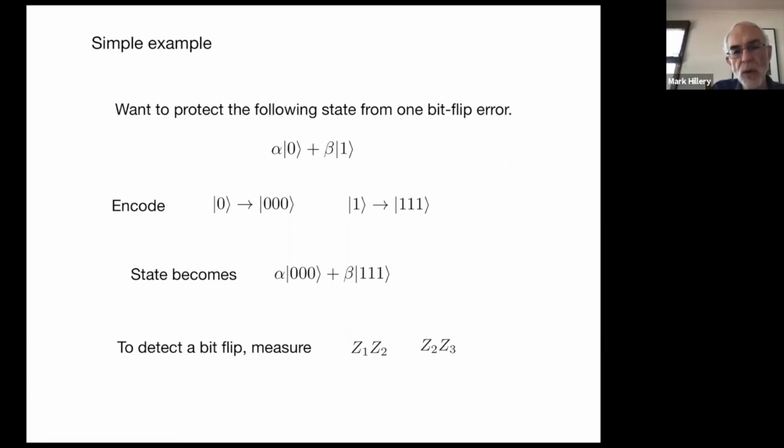So we're going to encode 1 qubit into 3 qubits. 0 is going to get encoded into 0, 0, 0, and 1 is going to get encoded into 1, 1, 1. And so our state would then become alpha 0, 0, 0 plus beta 1, 1, 1.